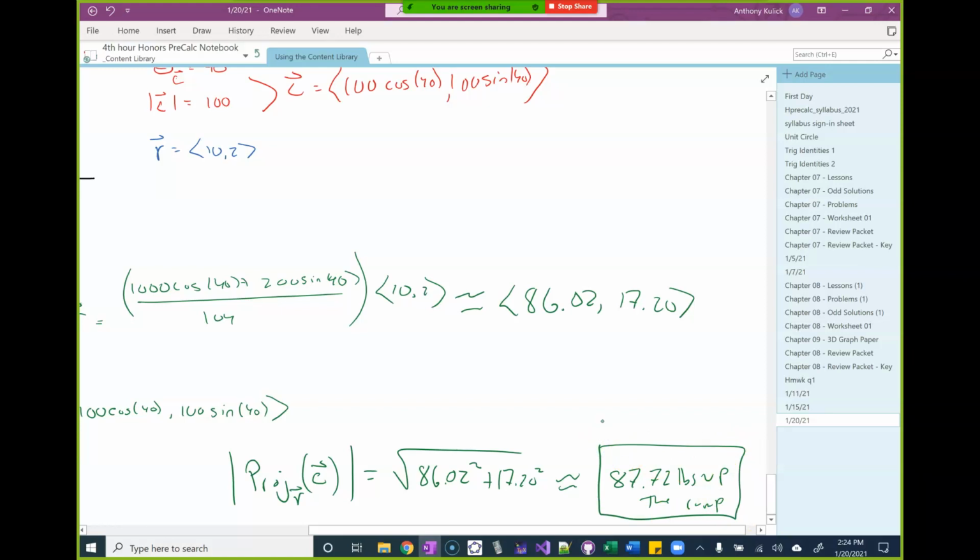Before we start talking about vector equations and stuff, we should probably stop here. 20 minutes isn't enough to get into that. Besides, those story problems are typically not super easy.